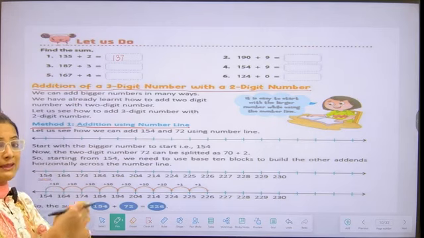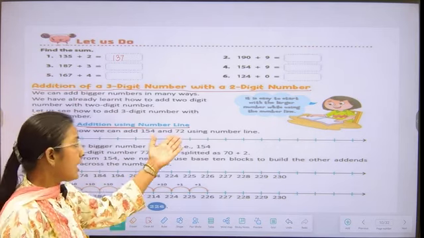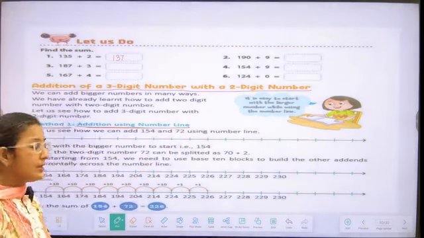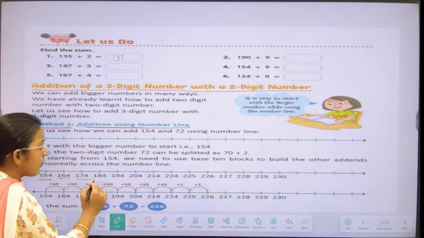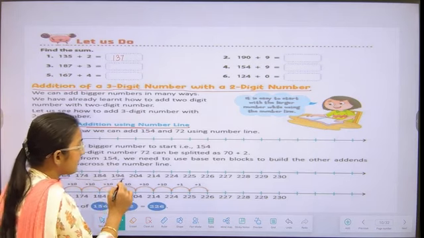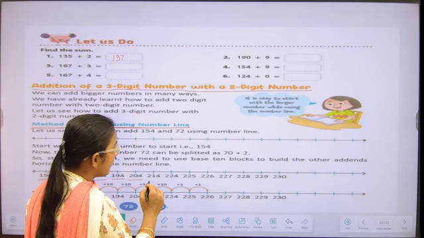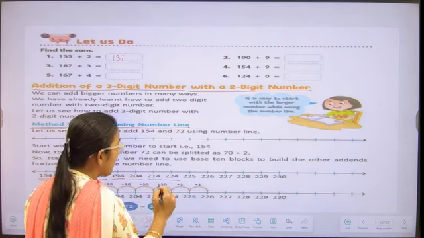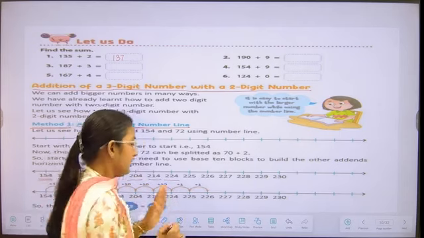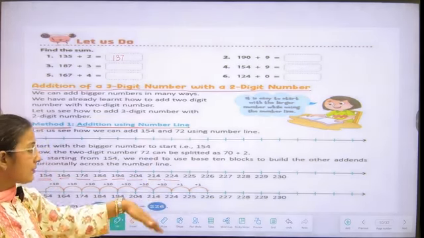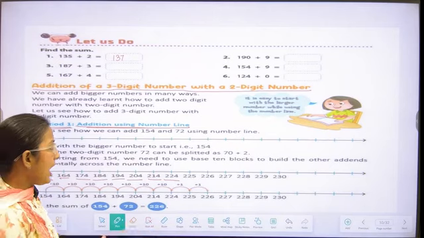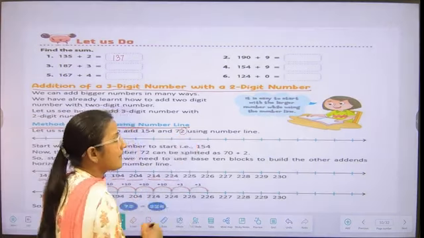Now, how many tens blocks do we have to move? We have to move 7 blocks. So let's do it with me. 164, 174, 184, 194, 204, 214, 224. So these are the 7 tens blocks. After 7 tens blocks, what do we have to do? We have to move two ones blocks.